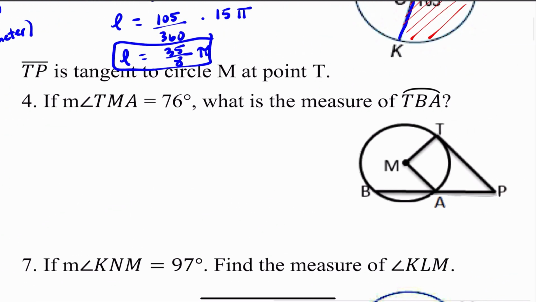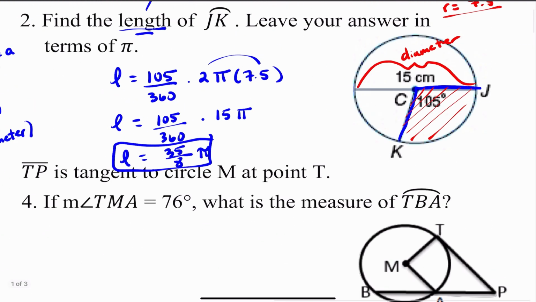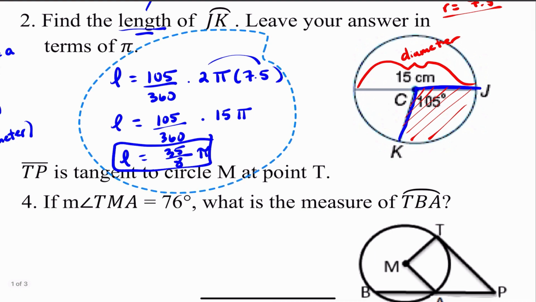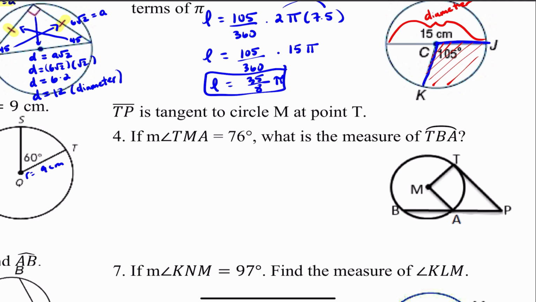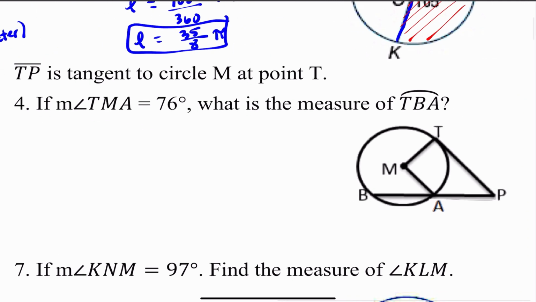Number 4. Segment, let me move this up so I can read the problem. Segment TP is tangent to circle M at point T. So, remember, a segment that's tangent to the circle means they intersect the circle at one point.